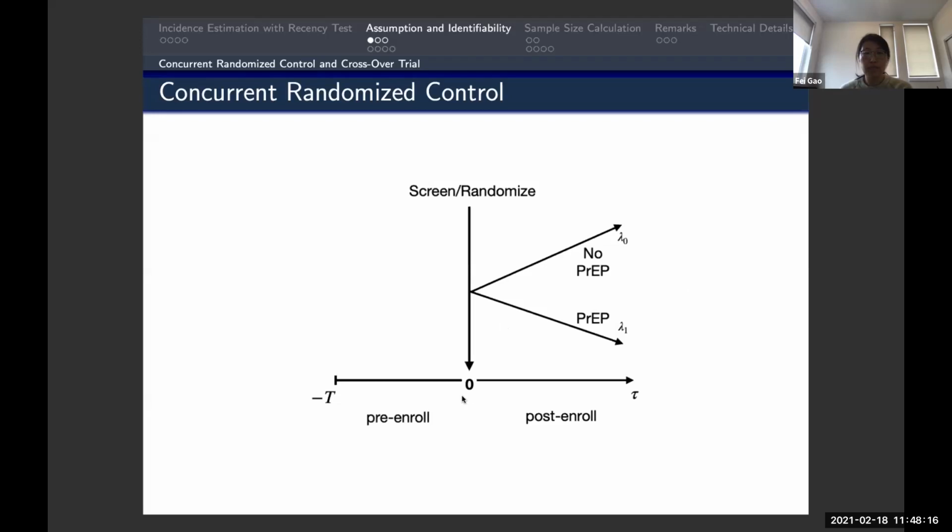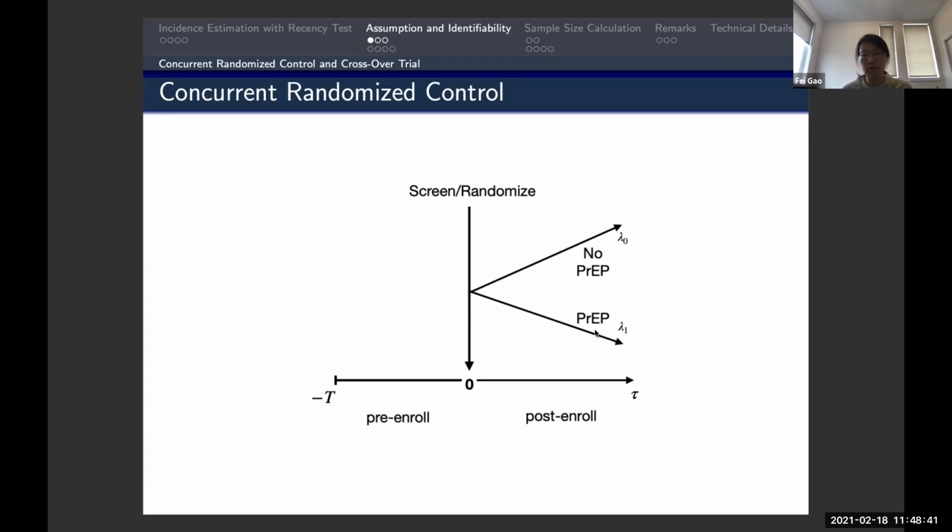Here we'll let time 0 be the screening time or the randomization time for a trial. Suppose that at time 0, we recruit those HIV negative subjects who are eligible for the trial and who consent to take this PrEP intervention in the trial. We will randomize them at time 0 into 2 arms.